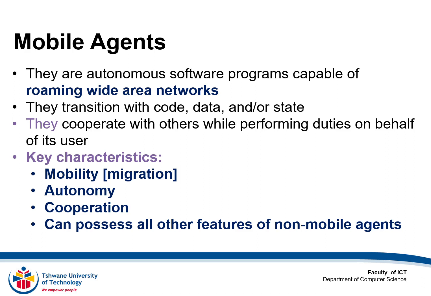Some of the key characteristics that you are already familiar with from lesson 1 are mobility, agent mobility, which is what we're dealing with here, and migration autonomy, which also ties into mobility. Cooperation, which again ties into mobility, and they can also possess all other features of non-mobile agents. But most importantly for mobile agents, mobility, autonomy, and cooperation are the key characteristics.